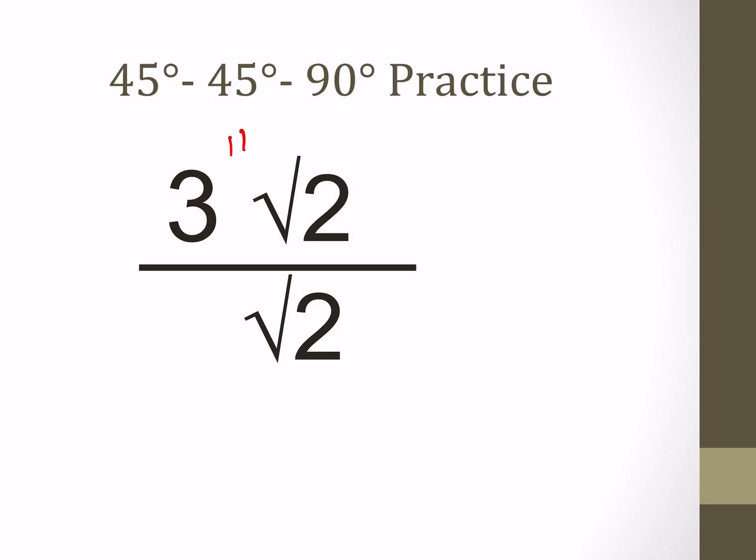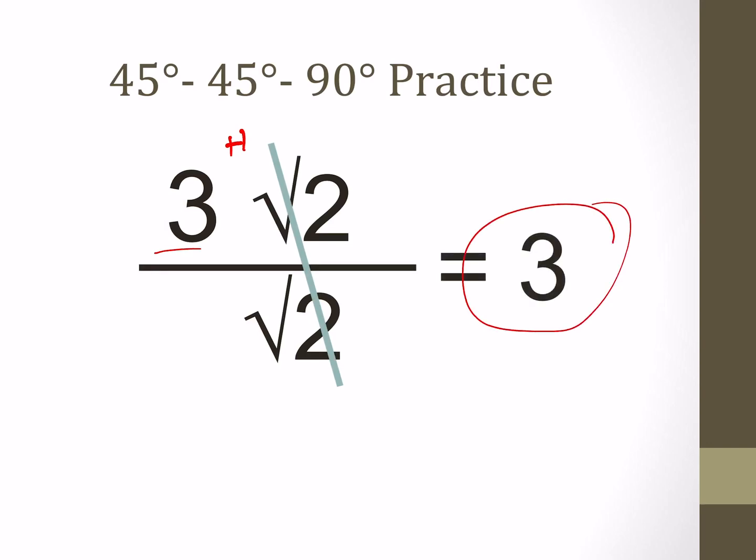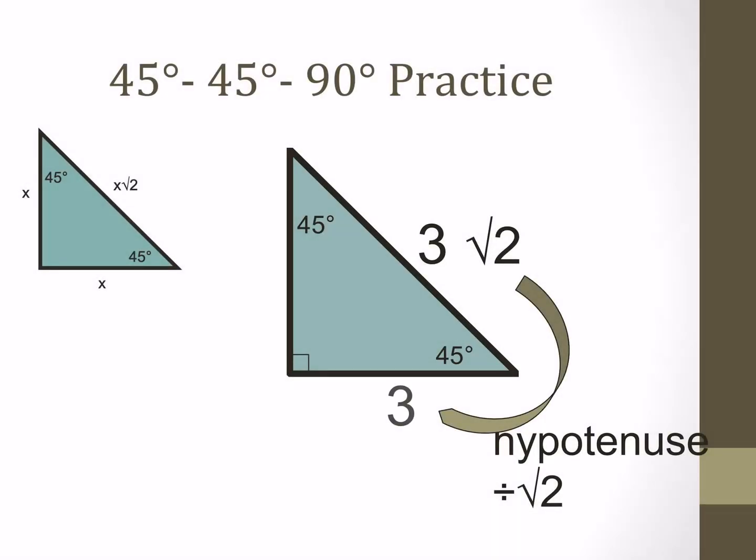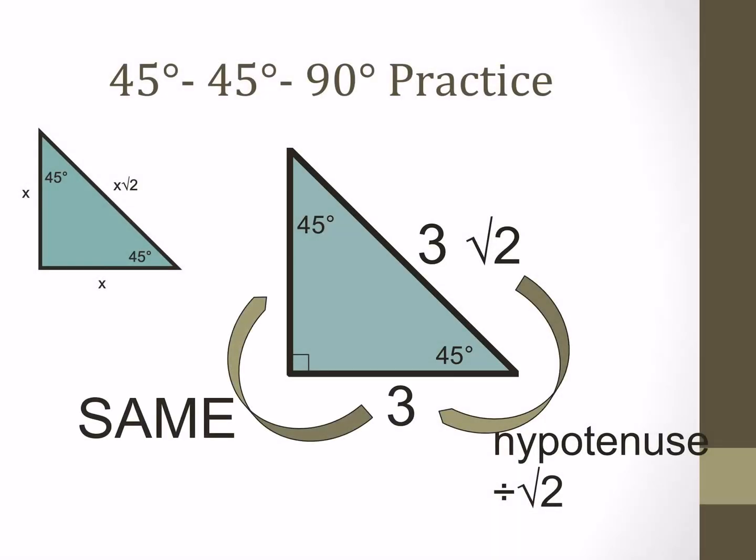So our hypotenuse was 3 radical 2, and we know that we have to divide by a radical 2 to get our leg. Well, in this case, it's pretty easy. The radical 2's cancel out. So I know that my leg has to be 3. So each of your legs are 3, because remember, if this is x, the other side's x, so that's the same. So that's the answer for that example.